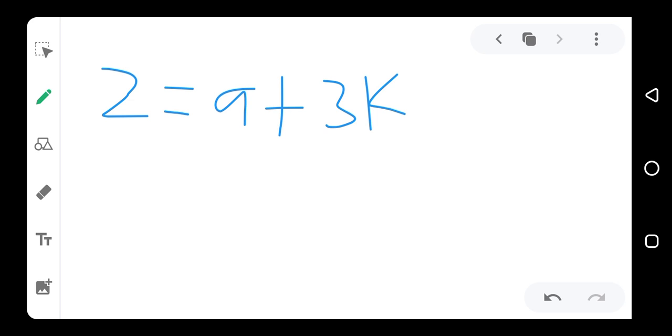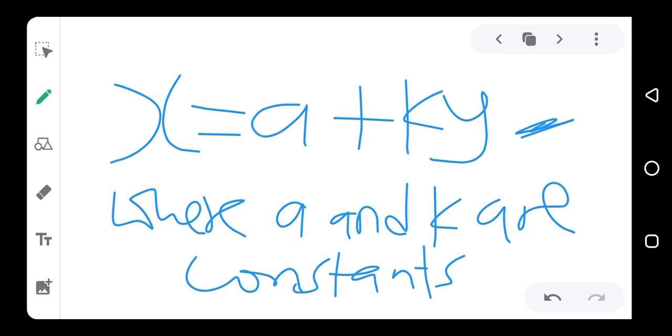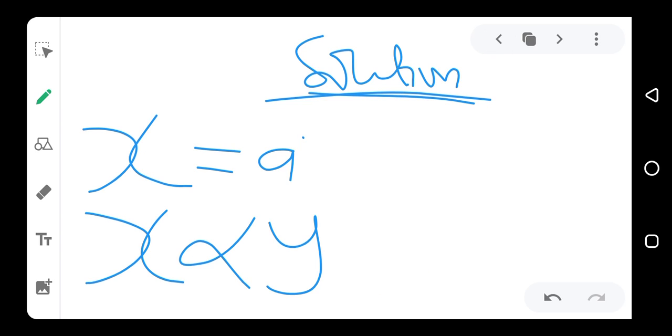Now please note it, let me repeat here: when you want to combine this relationship, x is equal to a and x varies as y, if you want to remove the sign of proportionality and create a single relationship for these two things, you are going to separate the first one and the second one with a plus sign.